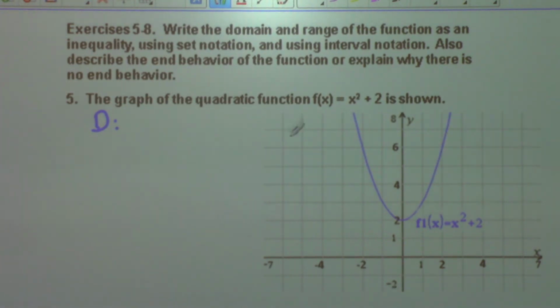Inequality notation, how do we write inequality notation for this function? What is the verbal representation of this domain?